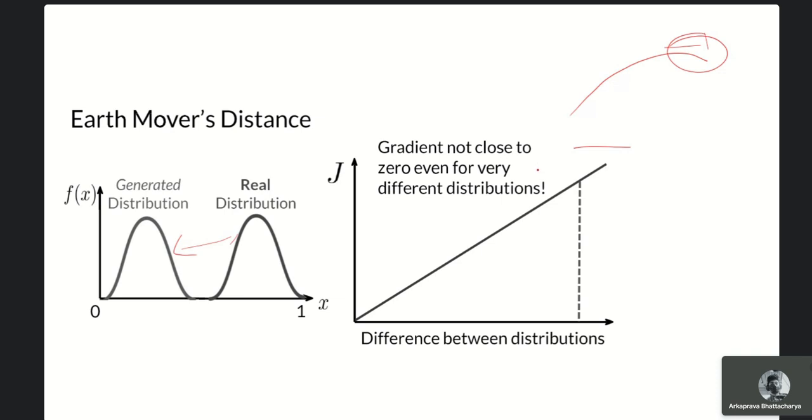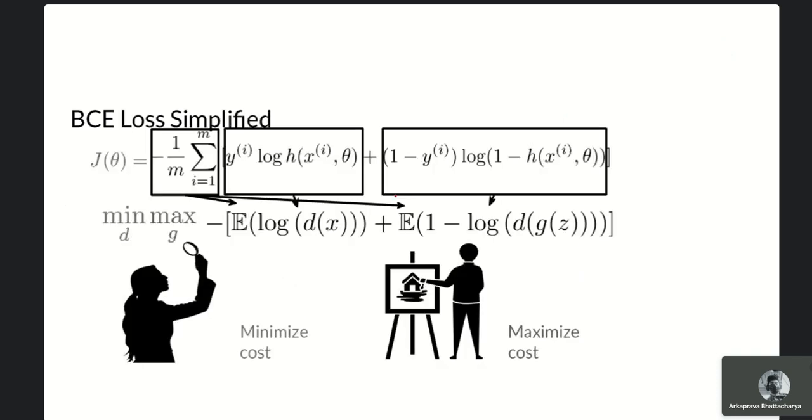So the gradient of this earth mover's distance would never approach 0, and this function will never contain flat regions as observed in the BCE cost function. Hence, if we use the earth mover's distance, we can remove the problem of vanishing gradients which was there in your basic GANs.